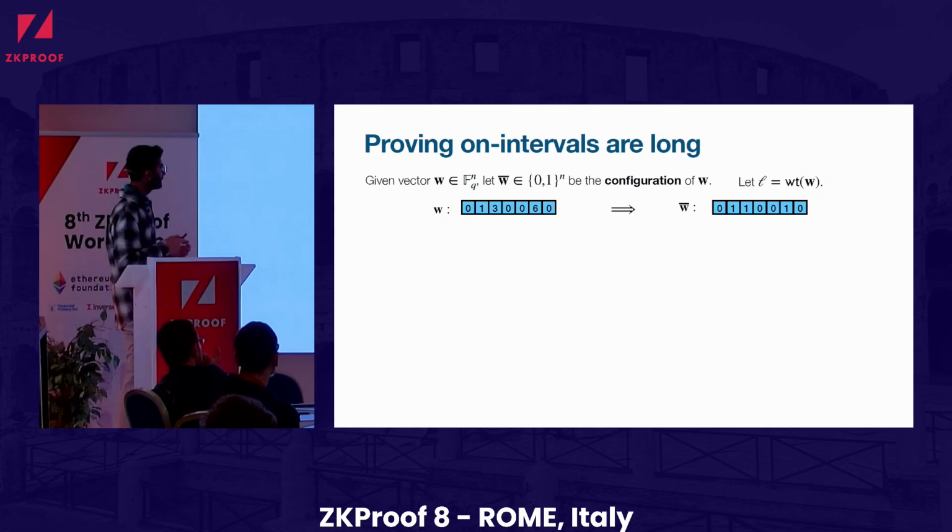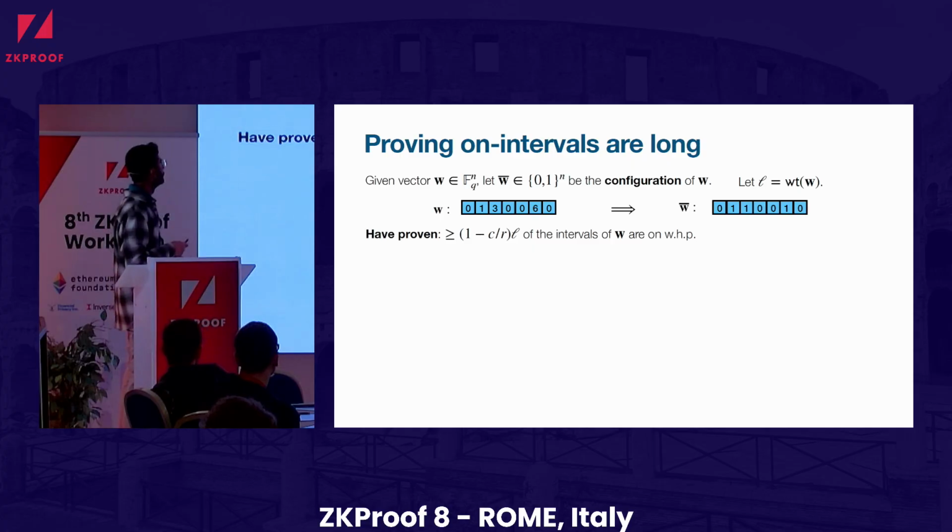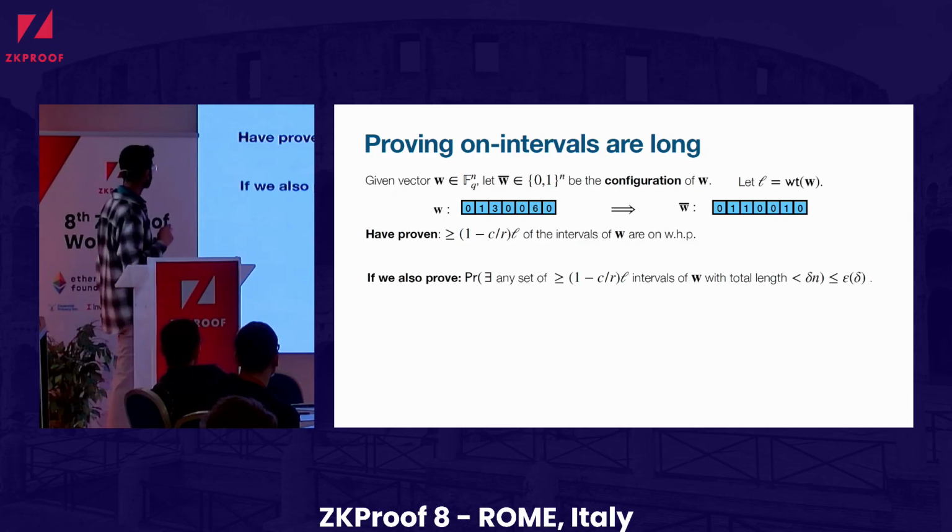And the reason for that is that if you have a vector W, you can consider its configuration, which is just the same vector, but you replace all the non-zero entries with ones, and you replace the zero entries with 0. And we have already proven that a large fraction of the intervals of W are on with high probability.